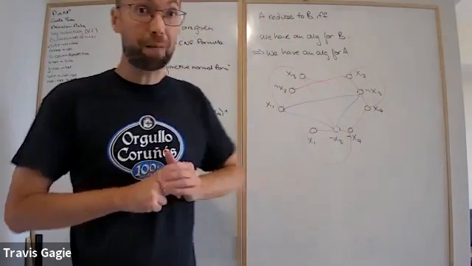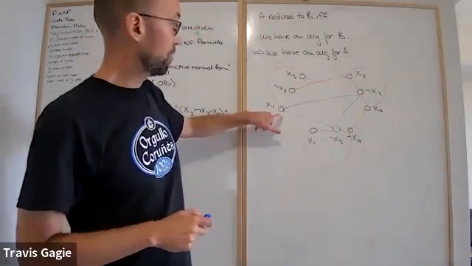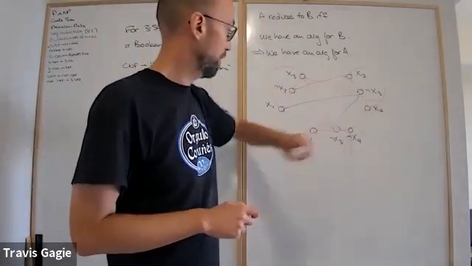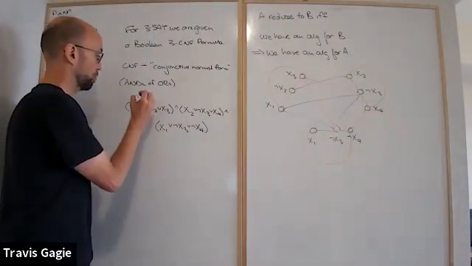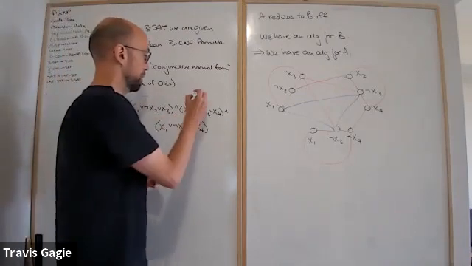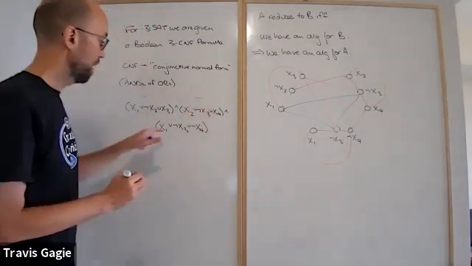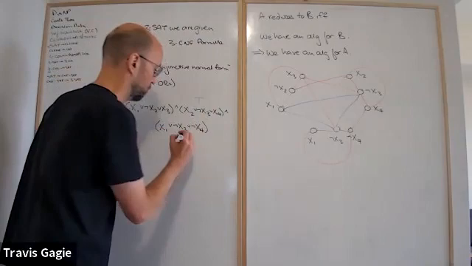So I'm going to claim that if I have x1 is true, not x3 is true, and not x3 is true, x1 being true makes this whole clause true. Not x3 being true makes this whole clause true, and not x3 being true makes this whole clause true.